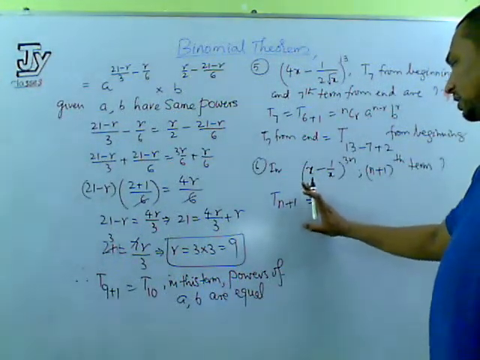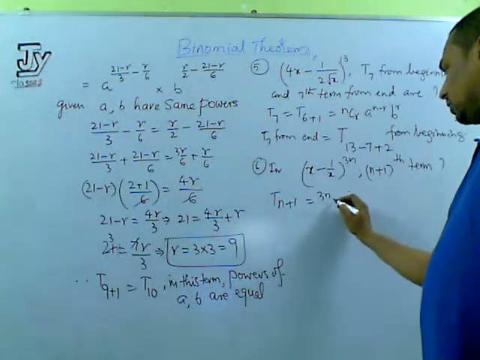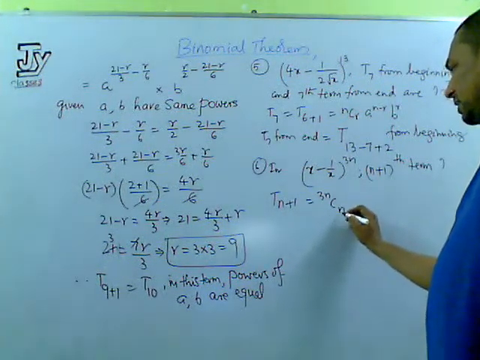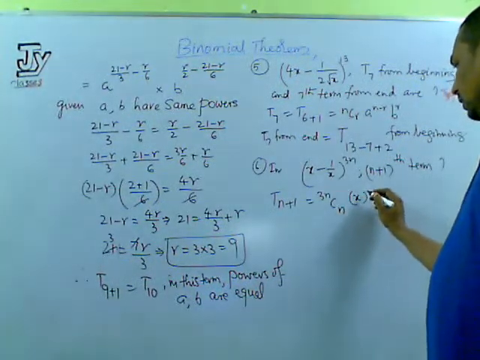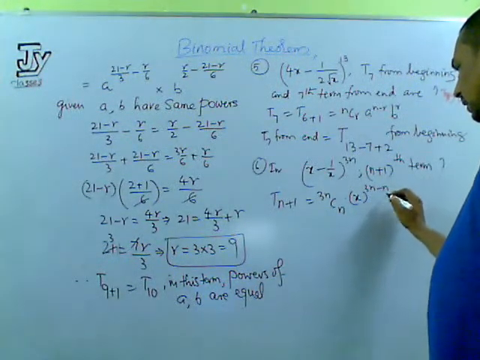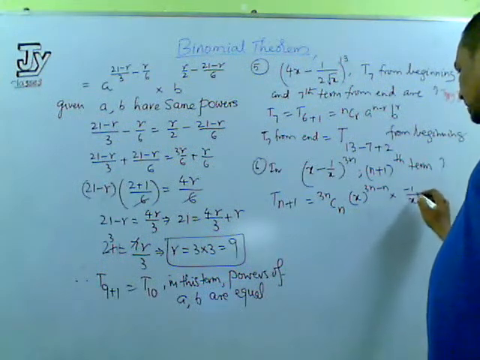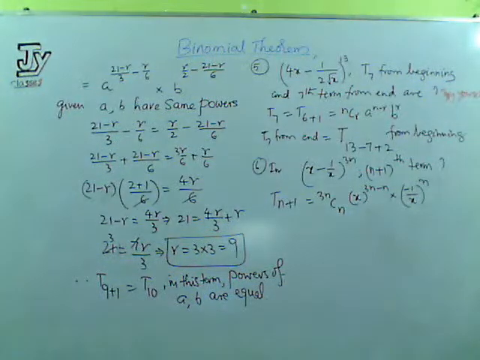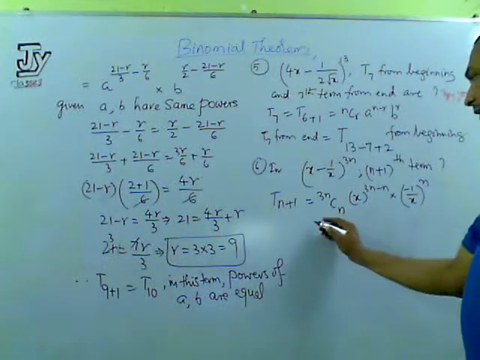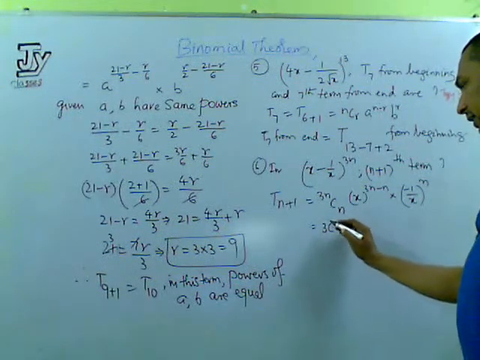What is n? In the place of n we have 3n. So 3nCr, r means n, a means x: x power 3n minus n into (minus 1 by x) whole to the power of n. So that is in the form nCr a power n minus r, b power r. No need to expand.